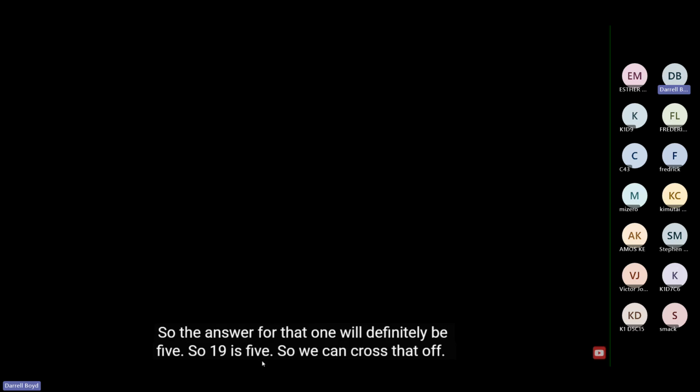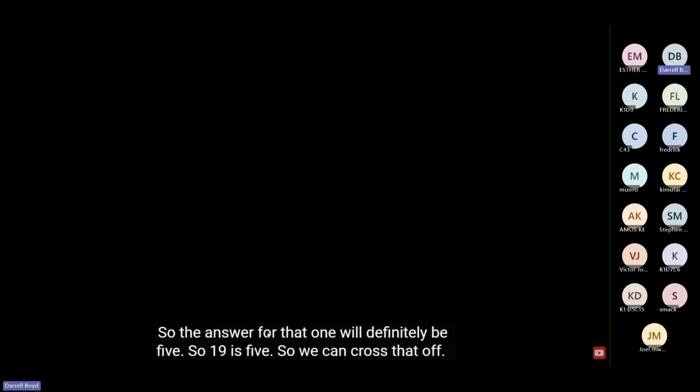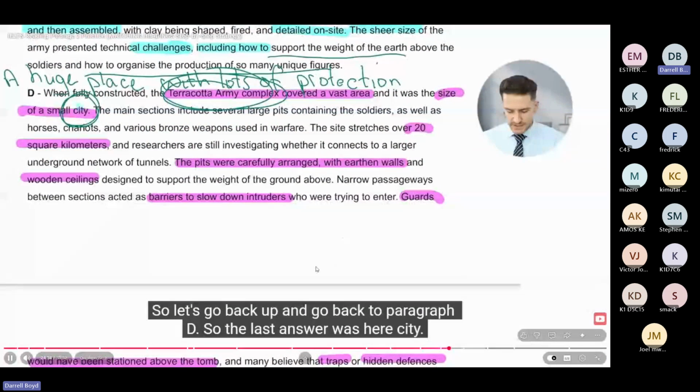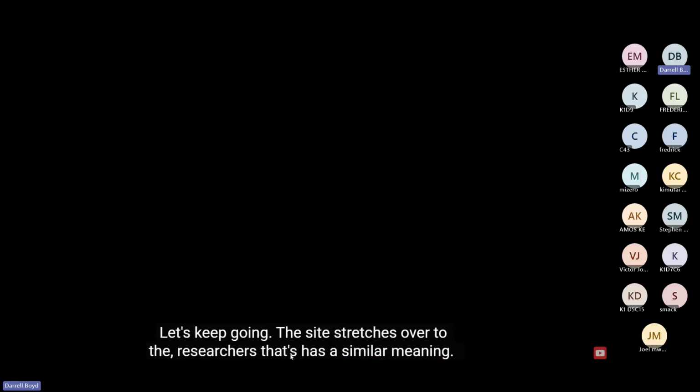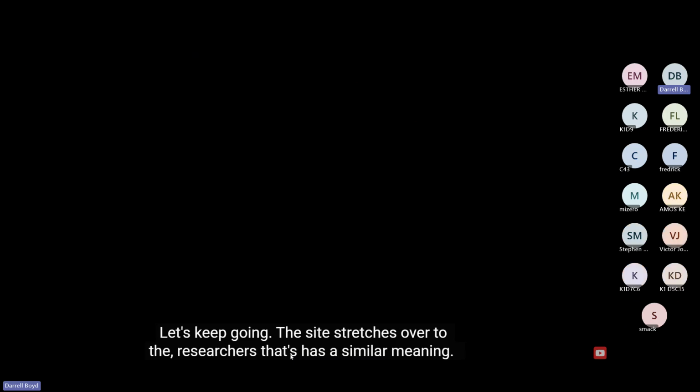Let's go back up to paragraph D. The last answer was here, city. Let's keep going. The site stretches over... Our researchers, that has a similar meaning, are still investigating whether it connects to a larger underground network of tunnels. That's beneath the surface. There we go.